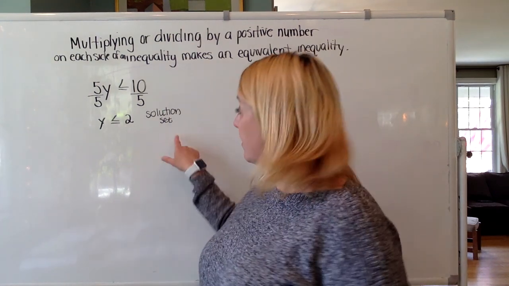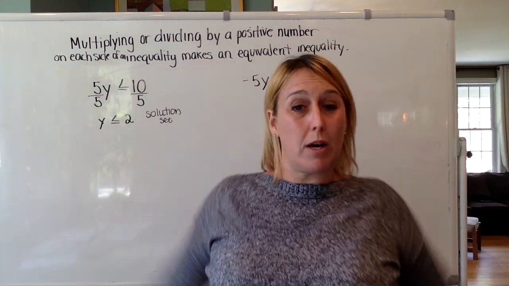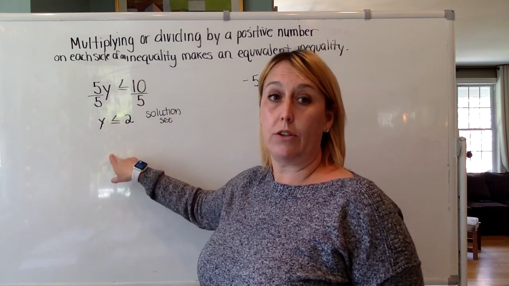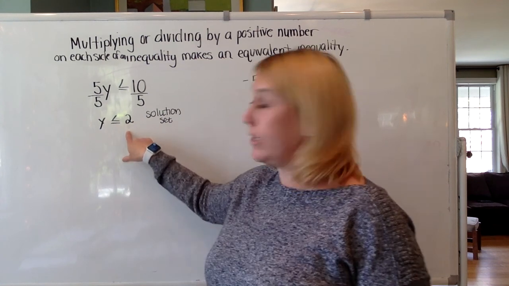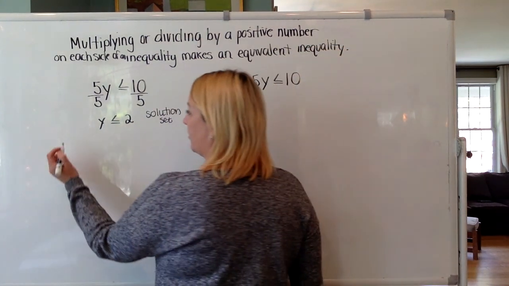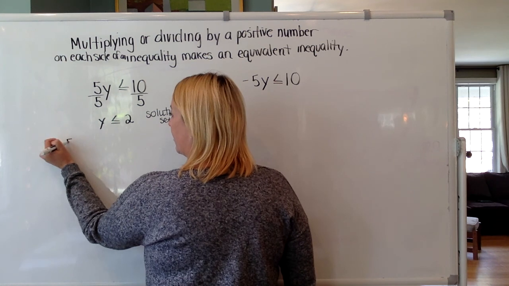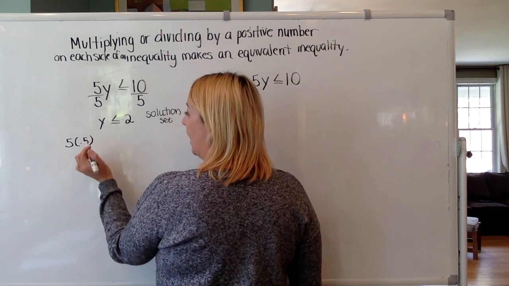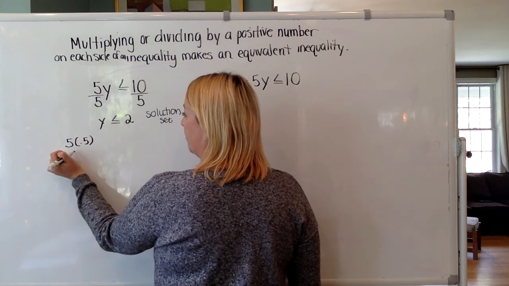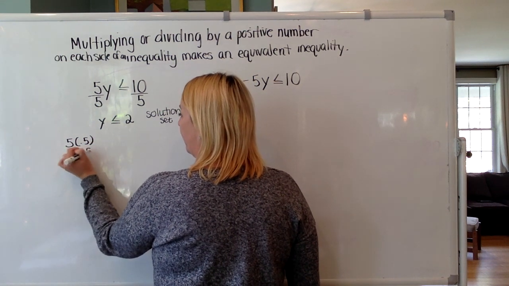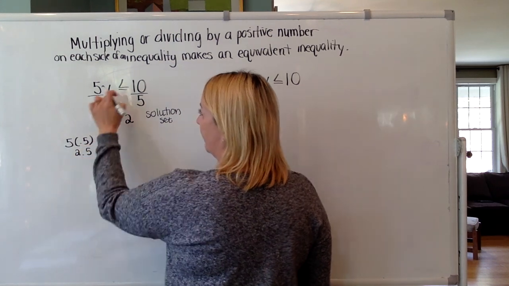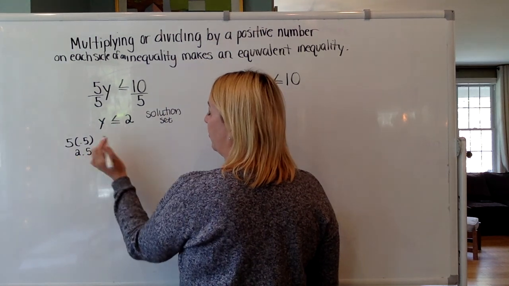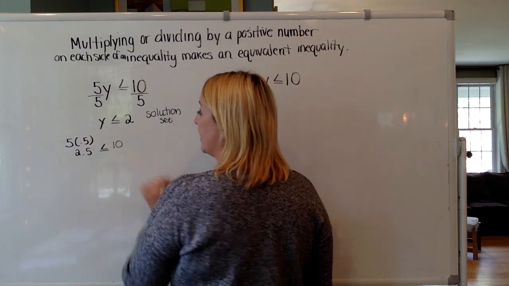There are countless possibilities that I could plug in for y to make this inequality true. It just has to be less than or equal to 2. So I'm going to start real easy and plug in the value of 1/2. 5 times 1/2 is 2.5, and because I plugged in 0.5 for y, and 0.5 is less than 2, 2.5 is less than 10.